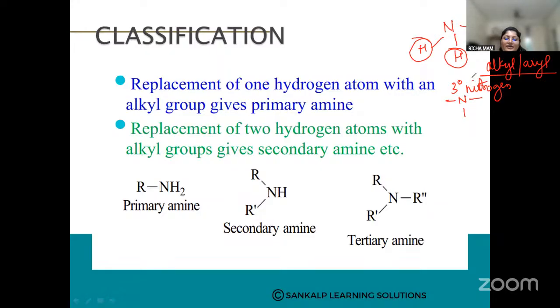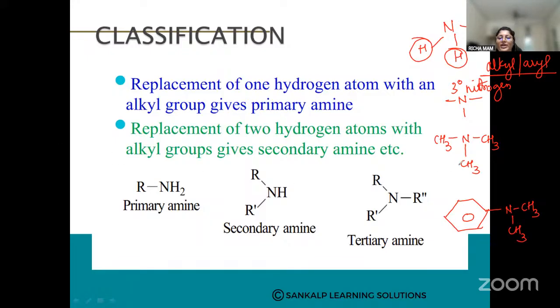And what is the example? Let me give the example. N with CH3, CH3 and CH3, an example of an alkyl amine, and let me also give an example of an aryl amine. Can anybody give the names?